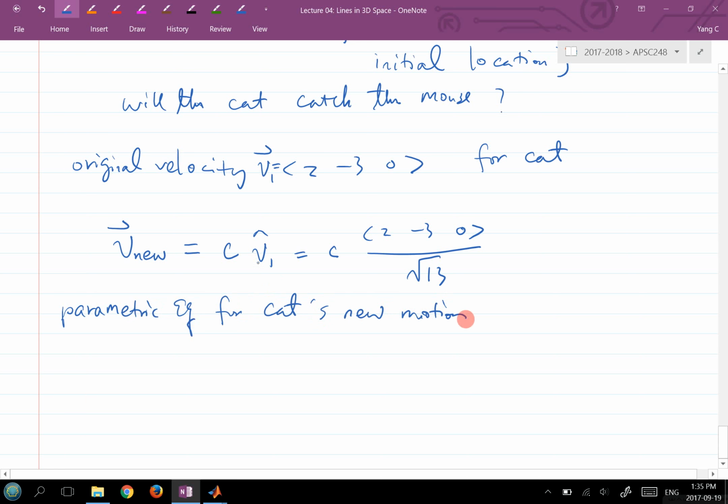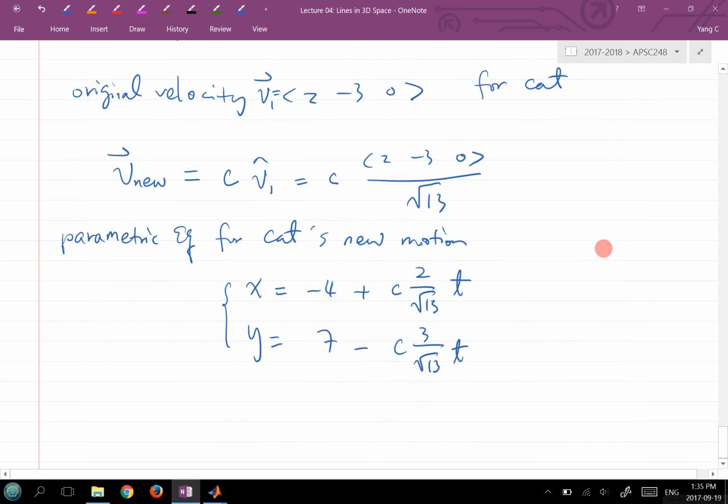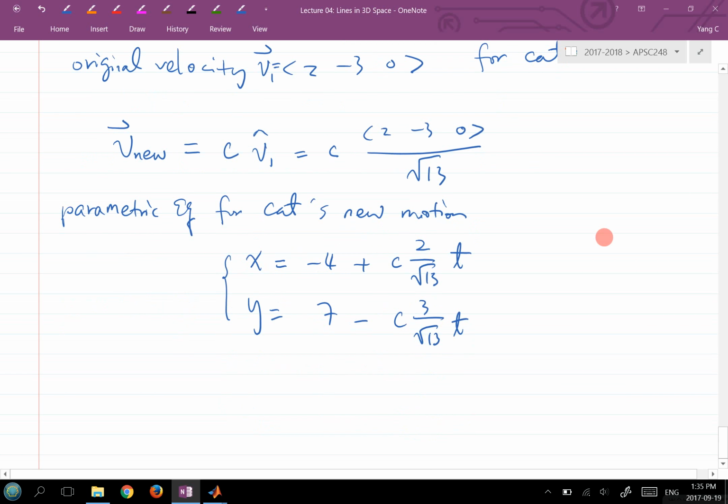I will use this new velocity to write down the updated motion for the cat. That's x equals -4, still the same initial location, plus the parallel vector now, c times 2/√13 times t, and y equals 7 minus c times 3/√13 times t. So that's the new motion for the cat. It's just that we don't know what c is yet.